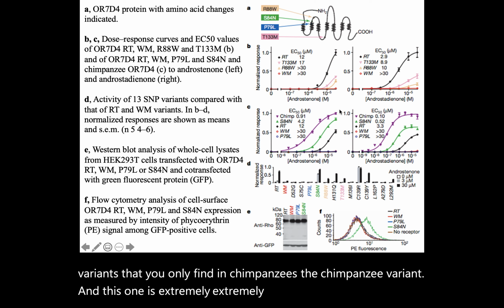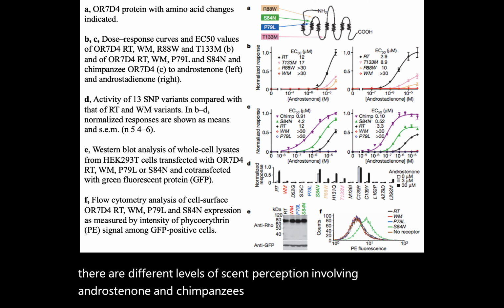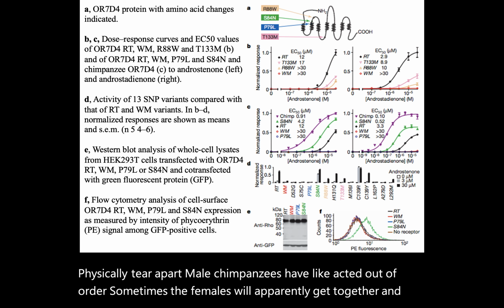Look at that thing. So there are different levels of scent perception involving androstenone. And chimpanzees are sometimes known to physically tear apart male chimpanzees that have acted out of order. Sometimes the females will apparently get together and just rip them limb from limb.